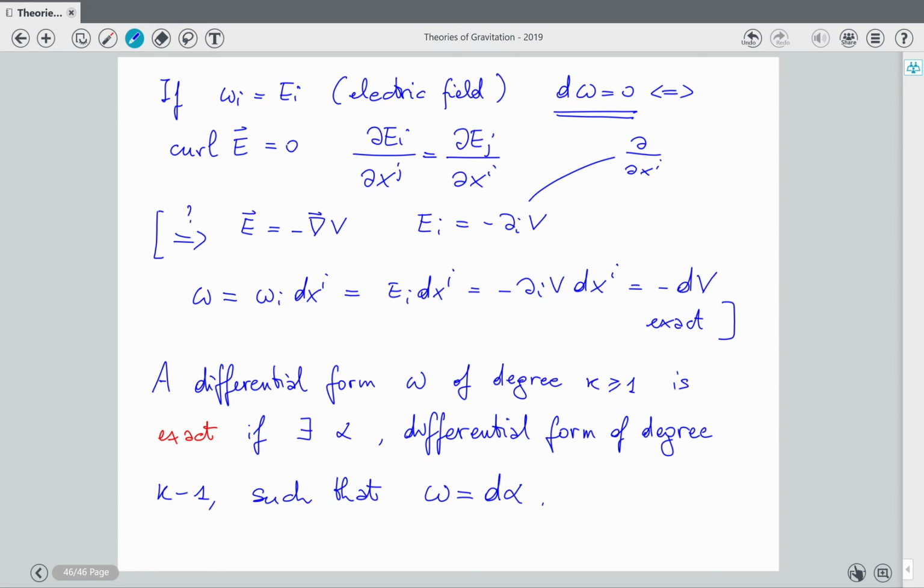So you have an exterior derivative that is a very important operation because it's nilpotent. The nilpotency allows you to define closed forms, which are those that are annihilated by the exterior derivative, and exact forms, which are those that are equal to d of something. And before pausing, let's observe that an exact form is always closed, but not vice versa.